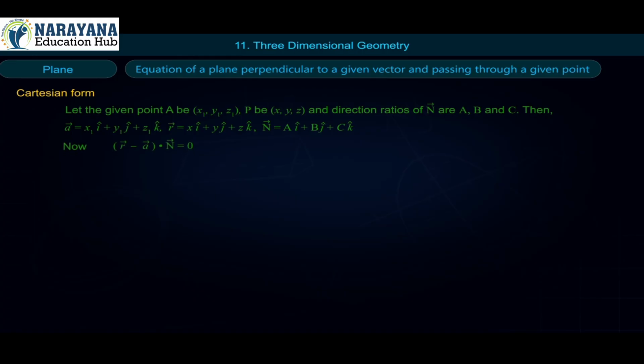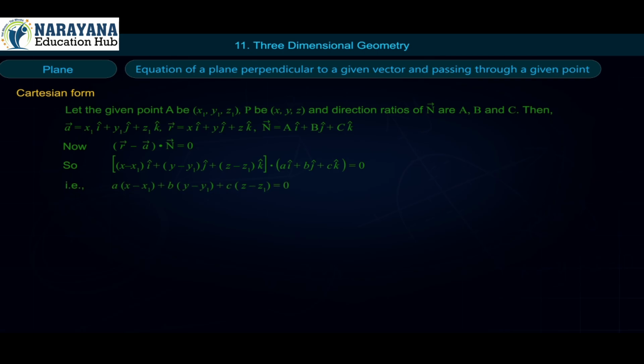Now, (r - a) · n = 0. So, ((x - x1) i + (y - y1) j + (z - z1) k) · (a i + b j + c k) = 0.